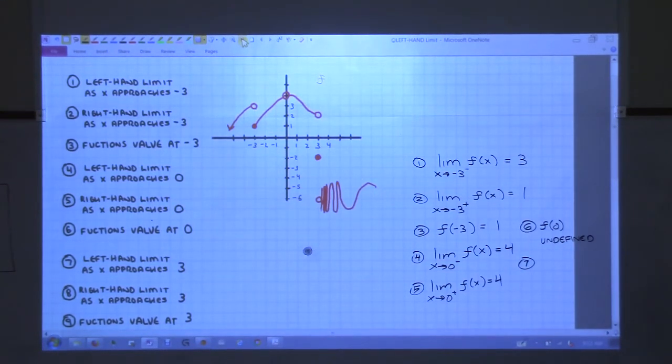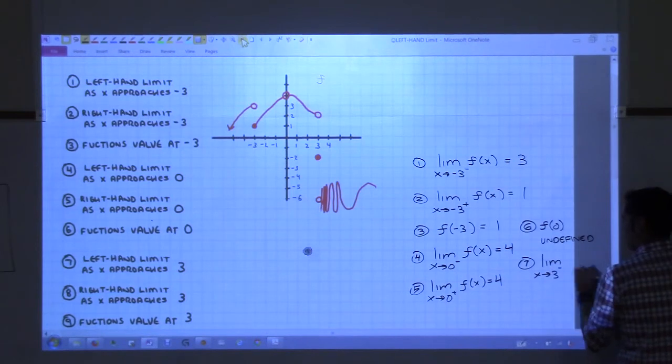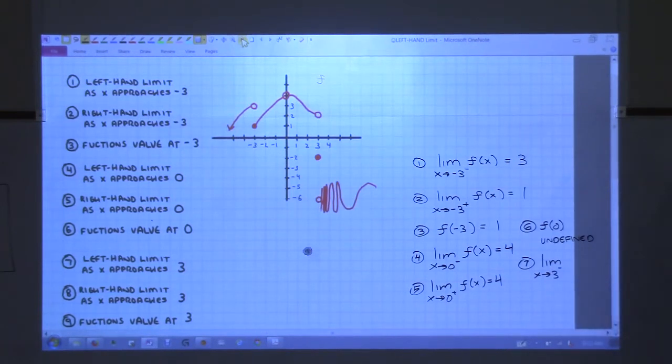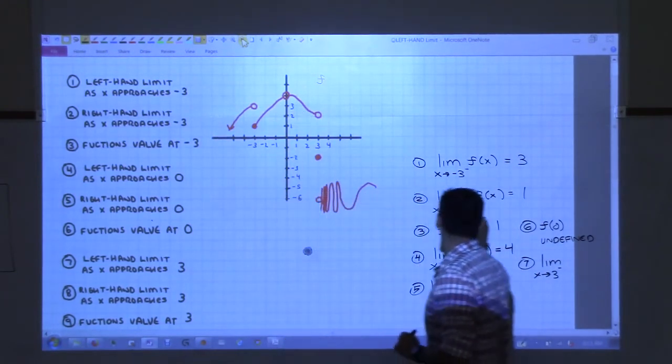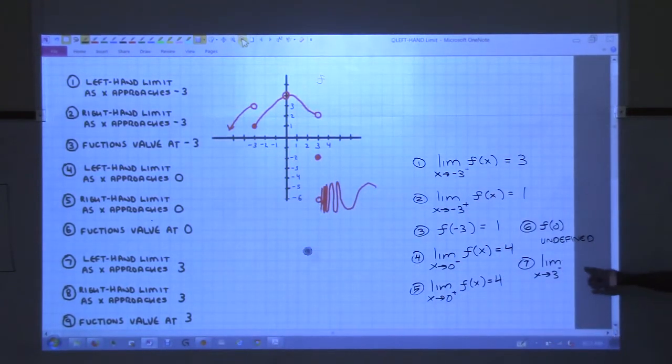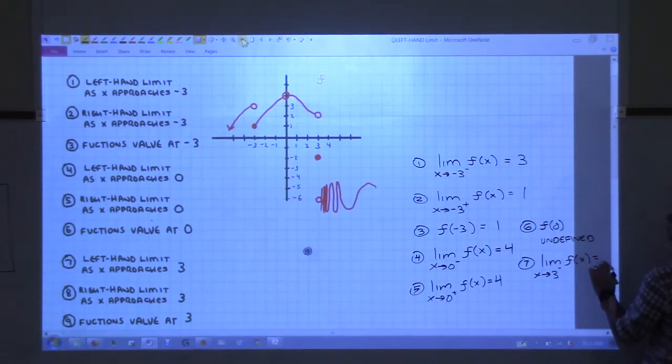Yeah. Okay, left-hand limit, x approaches 3. Negative again, right? Little minus sign there. And what is the limit as we approach 3 from the left? 2. Okay, so here's 3. We're approaching it from the left side, so f of x equals 2.